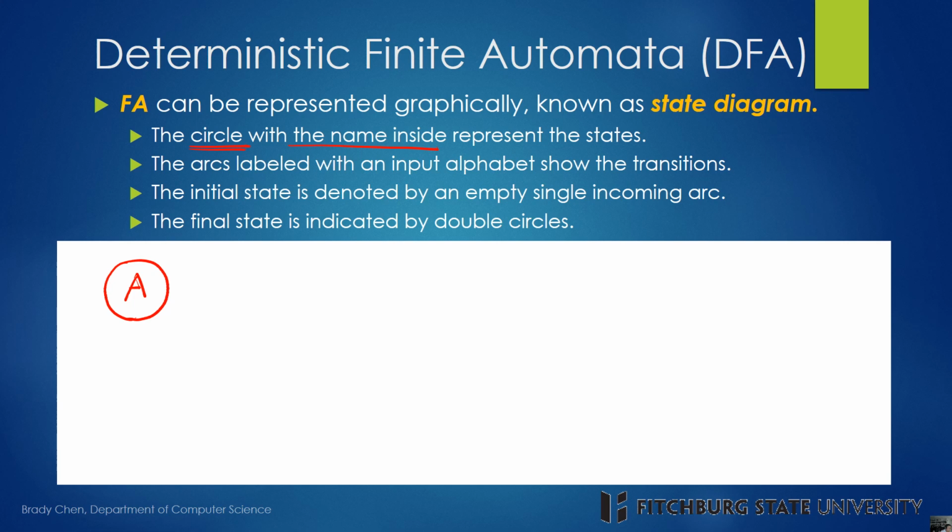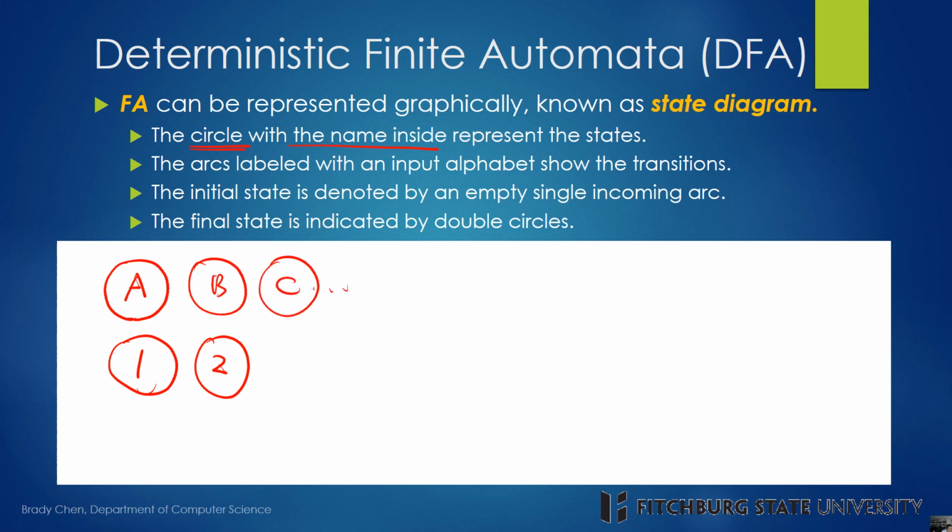If you look at other textbooks, or search for information about finite automata online, you might see some people use 1, 2, 3, 4 to represent the state. That's okay. But here, we always use A, B, and C, or D, E, F, G, or whatever. So we use English capital letters to represent the state, and the letter inside the circle is the state.